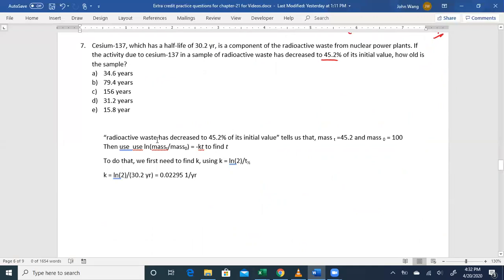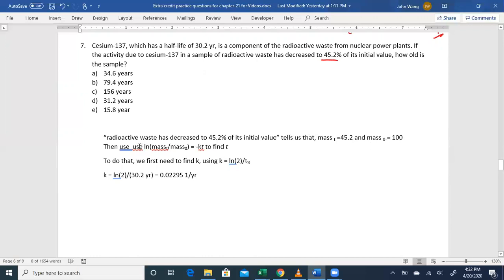Reading this sentence, radioactive waste has decreased to 45.2% of its initial value. So this tells us that mass T, what it has now, equals 45.2, and mass 0 equals 100.